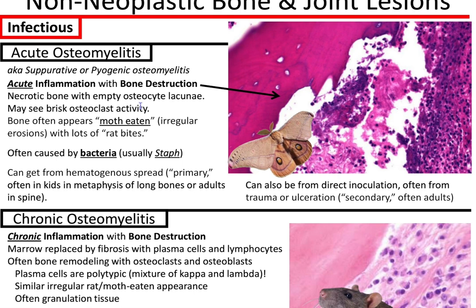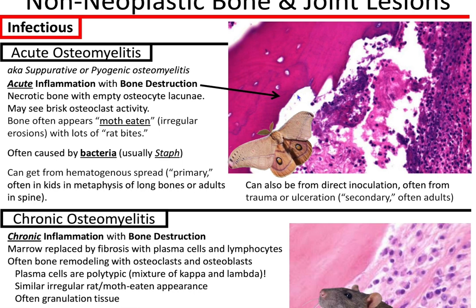Microscopically, we will see this kind of acute inflammation. We'll see neutrophils within the trabeculae. We'll see necrotic bone, as we can tell with these empty osteocyte lacunae, and then we'll see this moth-eaten, rat-bitten, scalloping appearance of the trabeculae.